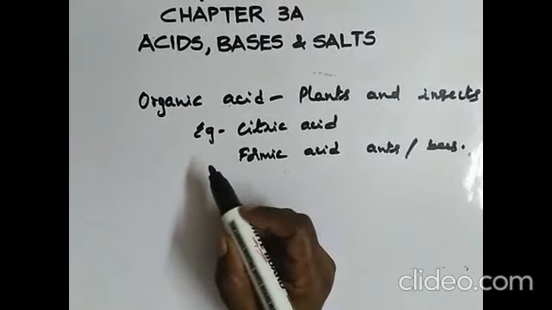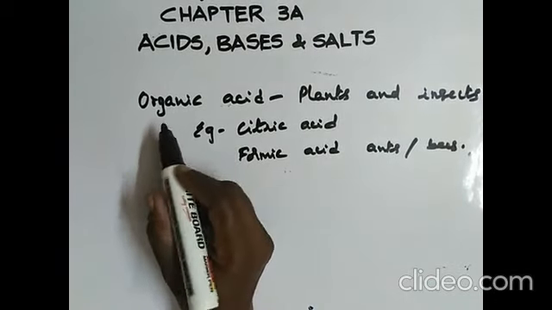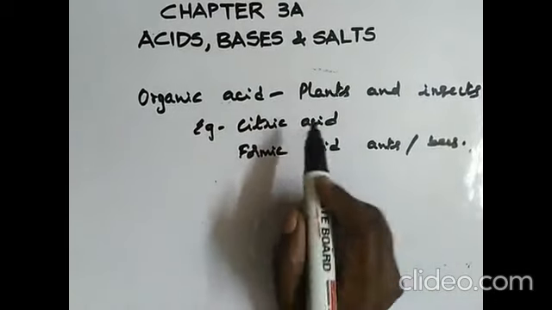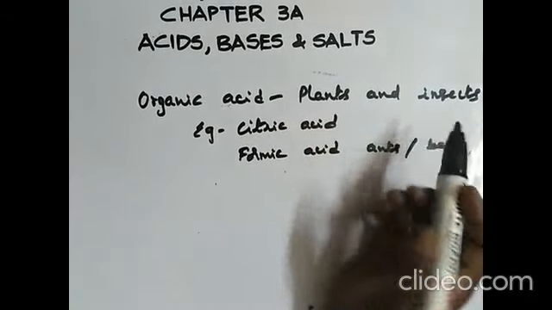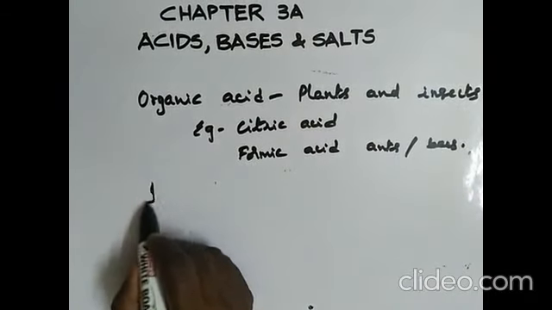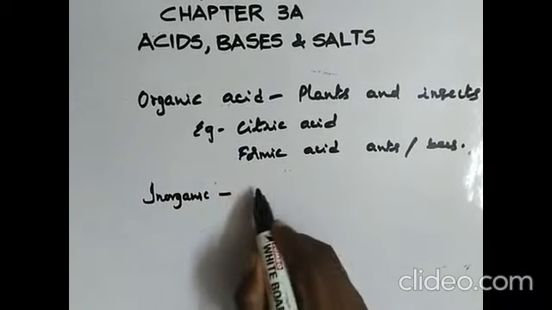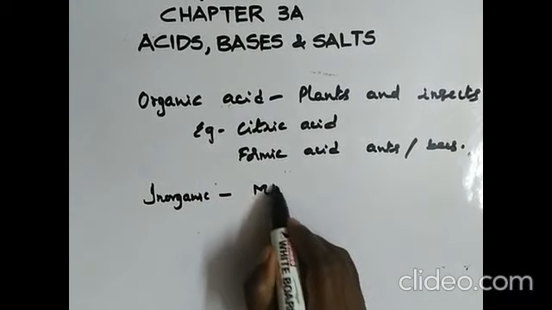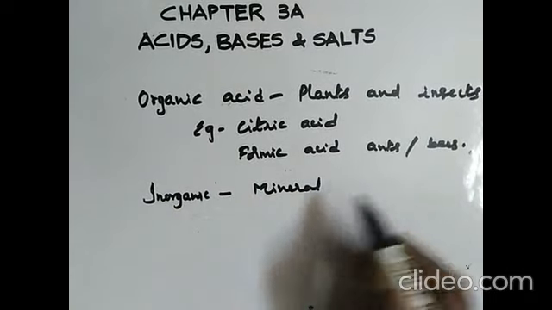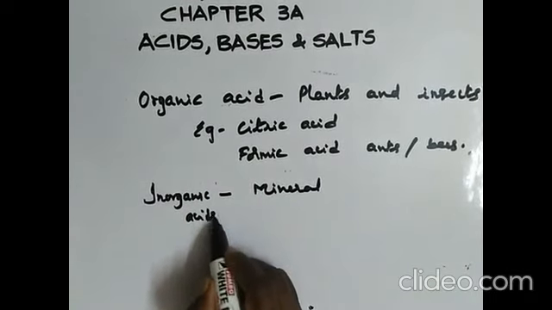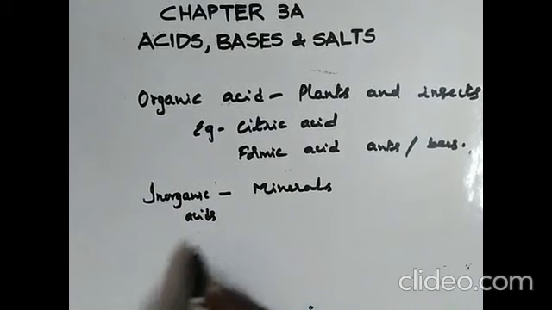So based on the source, acids can be classified into organic acids, that is, found in plants and insects, and inorganic acids, which are derived from minerals.